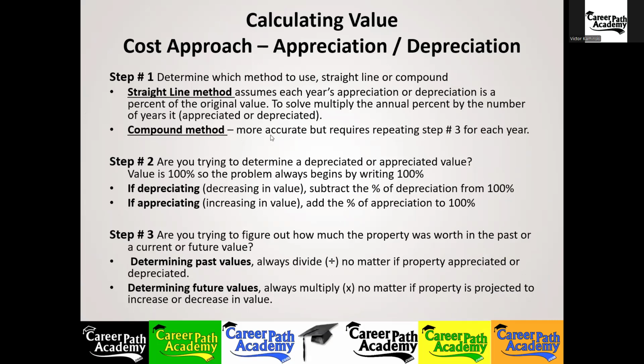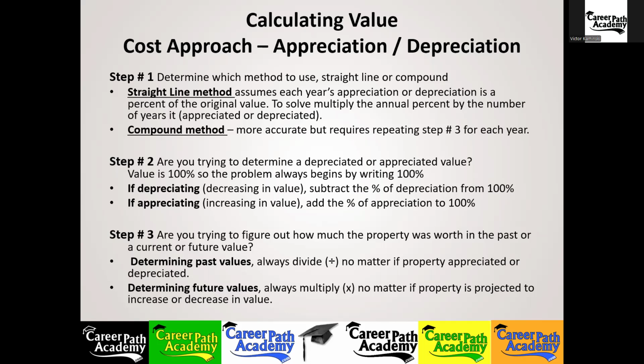All right. So the cost approach, using calculating appreciation or depreciation, works like this. First step is you're going to determine which method to use, whether it's going to be the straight line or the compounding method. The question itself will tell you to use the straight line or compounding method. If it doesn't tell you, then you're going to use the straight line method. The straight line method assumes that each year's rate of appreciation or depreciation is a percentage of the original value.